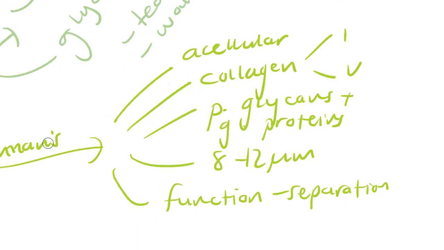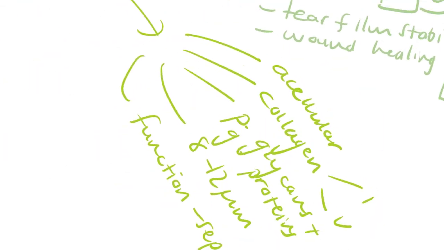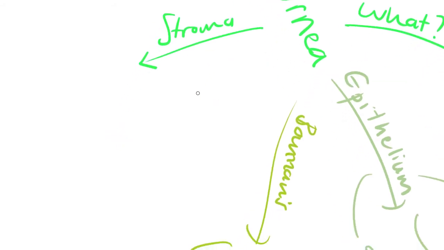Okay, now we're going to talk about the middle layer of the cornea. And obviously, well, not obviously, but the stroma is the middle layer of the cornea, and it is the thickest layer. It also contains cells called keratocytes, which are very similar to fibroblasts.